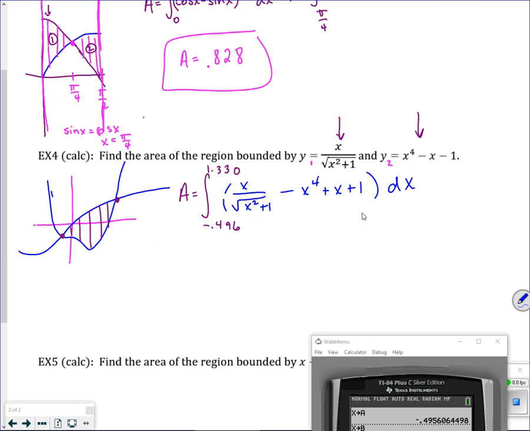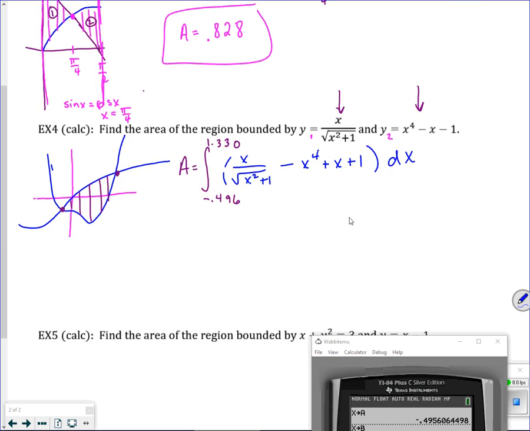Here's the other thing I want you to be very clear of. A lot of times on the AP, instead of putting y equals, they say f of x equals this, and they say g of x equals this. And I certainly could write this on my paper if you want to. If they name them with different names, you know which one is which. But if they just say y equals, you don't know which one is which.